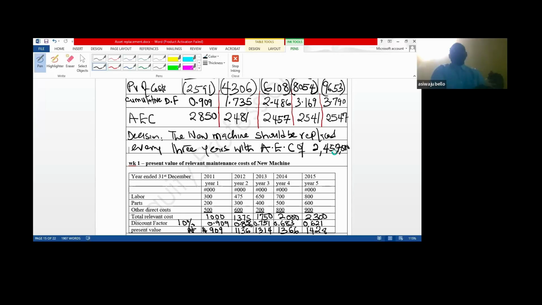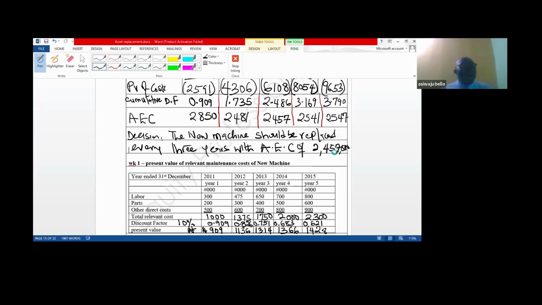We have addressed a part of the question. We have agreed that new machines should be replaced every 3 years. Now the B part is, when should we replace the old machine with the new machine? Requirement B now.